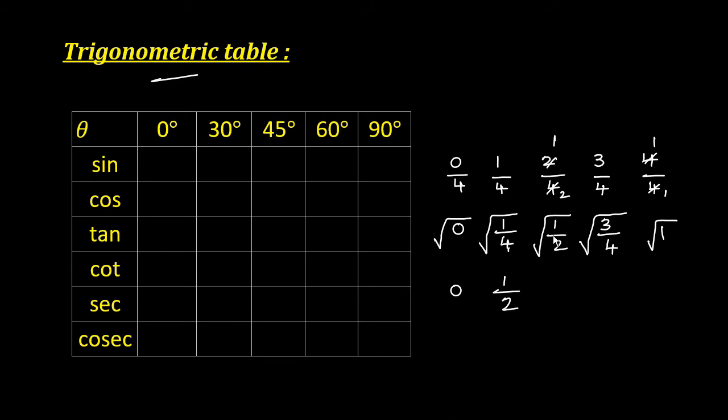Next, square root of 1 by 2: applying square root to the numerator, root 1 is 1, divided by root 2. Next, root 3 by 4: root 3 in the numerator, and root 4 is 2 in the denominator. Now square root of 1 gives 1. Now we have these 5 values.